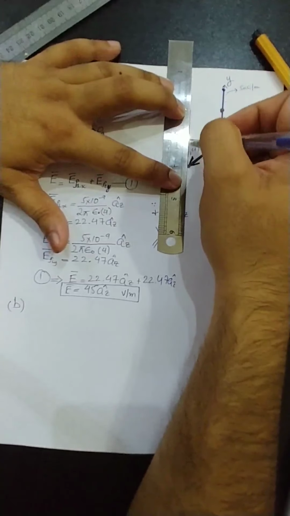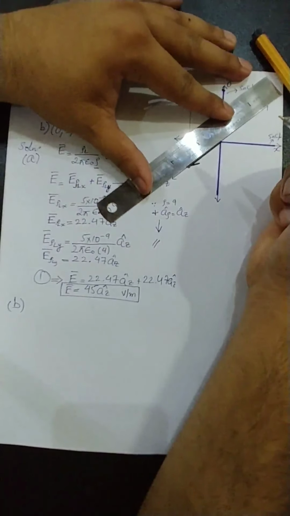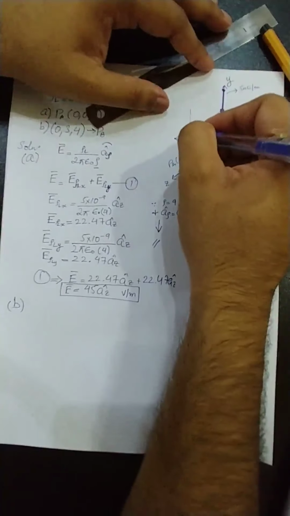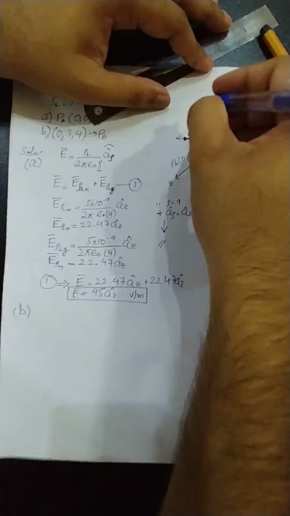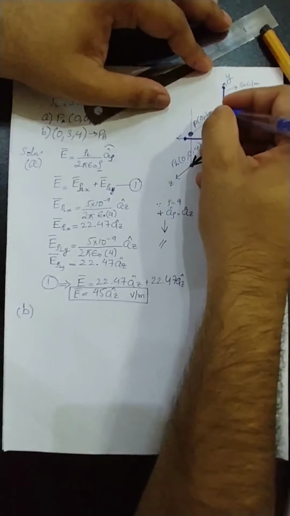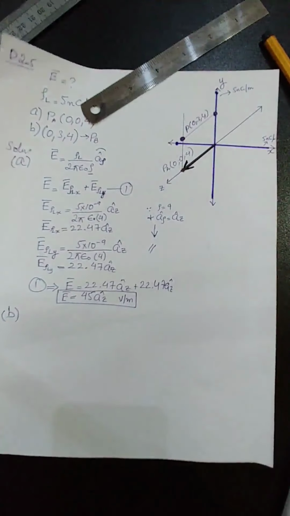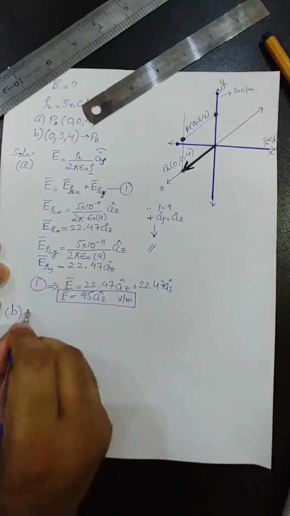If I draw a parallel here and a parallel along the z-axis here, then actually this is the point of interest. This is point PB, and the coordinates are 0, 3 and 4.